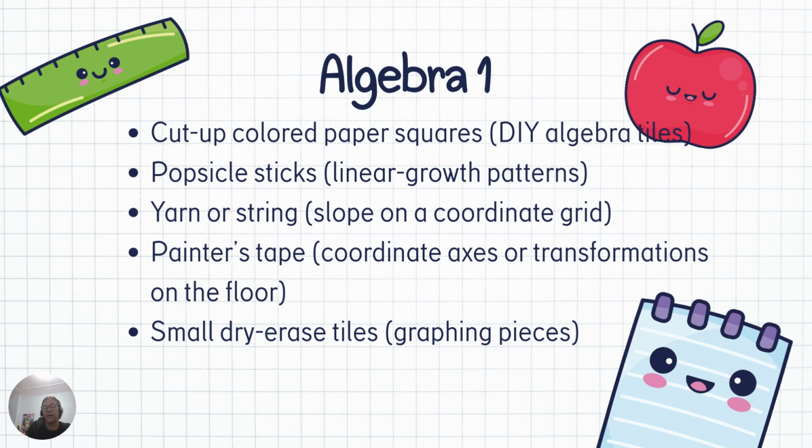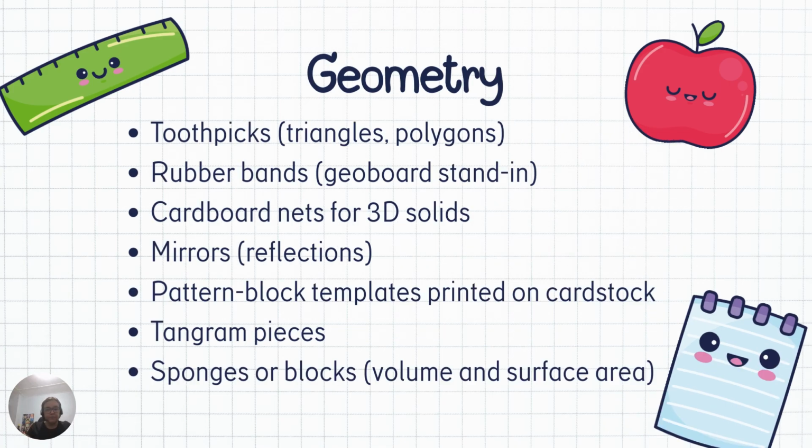Painter's tape is great for creating coordinate axes or showing transformations right on the classroom floor. And small dry erase tiles can represent graphed points or movable components in a function. These items make abstract algebra ideas easier to see and manipulate.